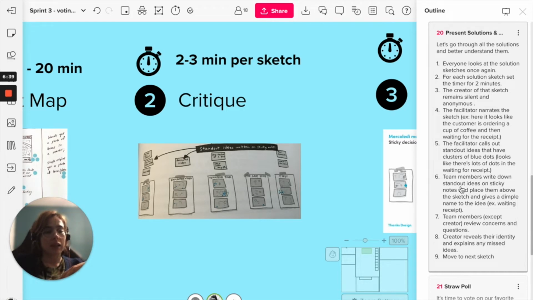Then the facilitator is going to call out those standout ideas, so those that had gathered more votes, more blue dots. For example, he is going to say, oh, it looks like there are a lot of dots in the waiting of receipt. Then team members get to write down standout ideas on sticky notes and place them above the sketch.